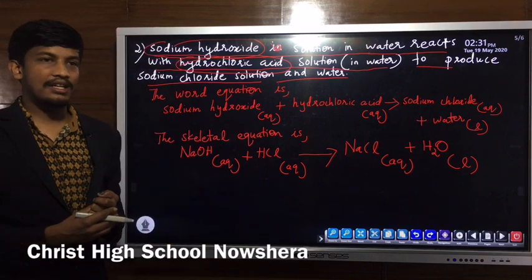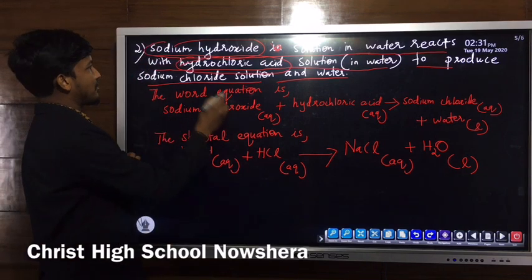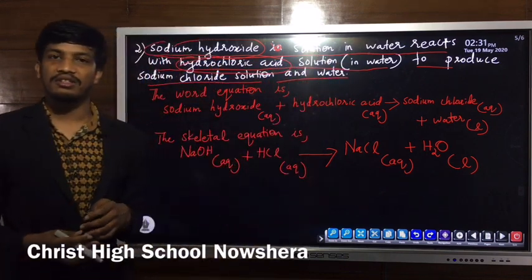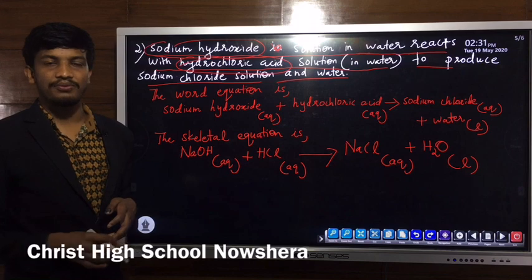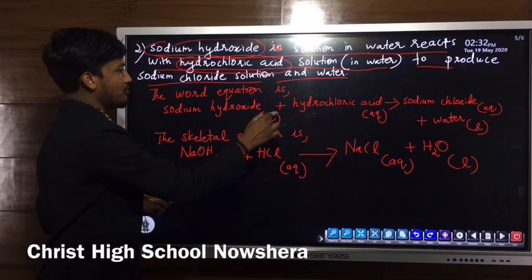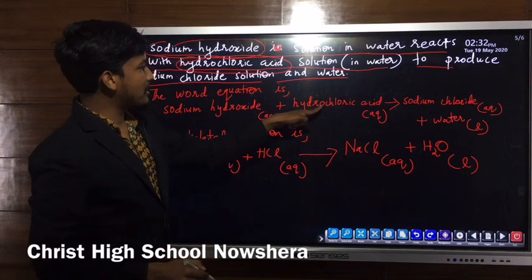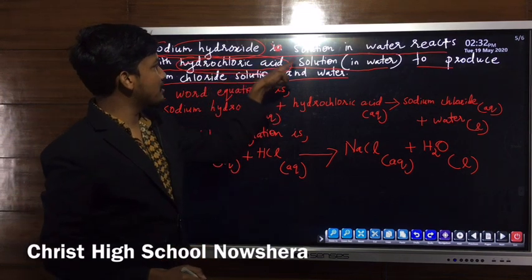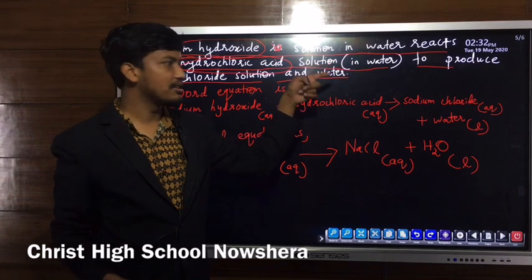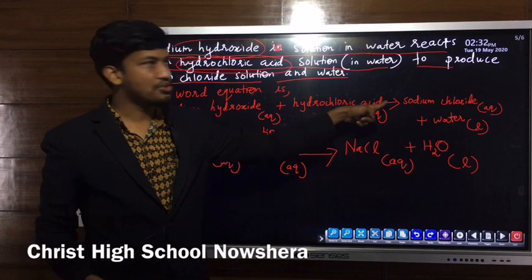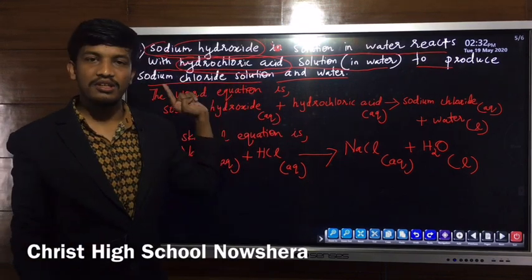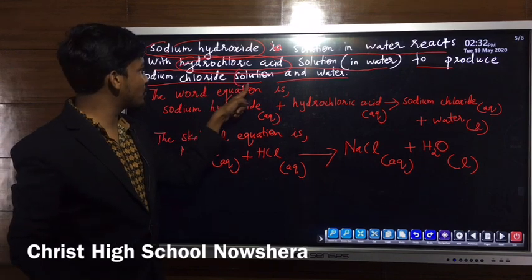Then what about the physical states? First one, sodium hydroxide. It is given that sodium hydroxide is a solution in water. Solution in water means aqueous solution. For aqueous solution, we use the notation aq, in small letters. Plus the second one, hydrochloric acid, is also a solution in water, so that is aqueous solution, aq. To give the first product, sodium chloride solution, aq.